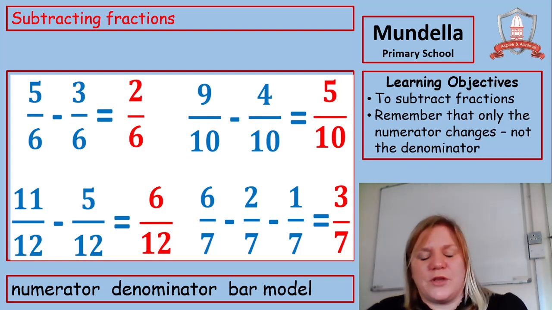And then the next one, you had to subtract 2 fractions from another one. So you start off with 6/7, you take away 2/7, you then subtract another 1/7, and that leaves you with 3/7. I wonder, did you get those right?